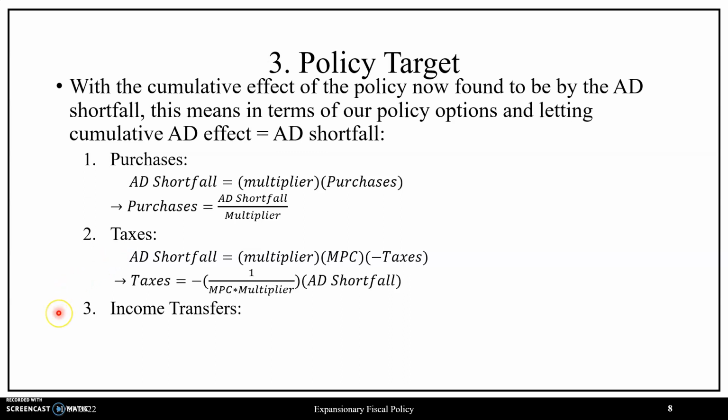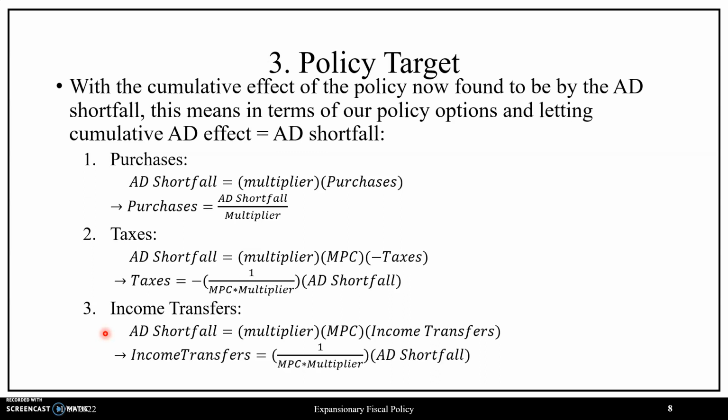And lastly, with respect to income transfers, given that they are identical to taxes sans the minus sign, given that there's a positive relationship between income transfers and aggregate demand, we have precisely the same equation as with taxes, but in this case we have a positive sign.